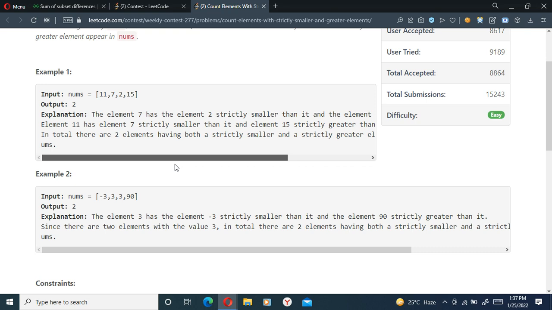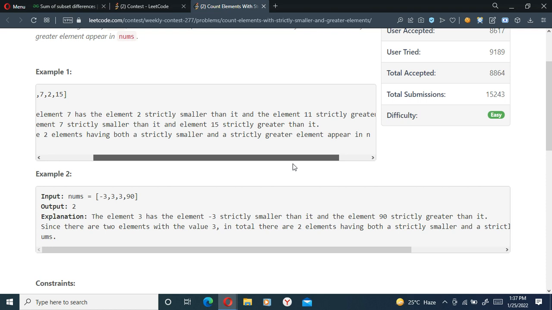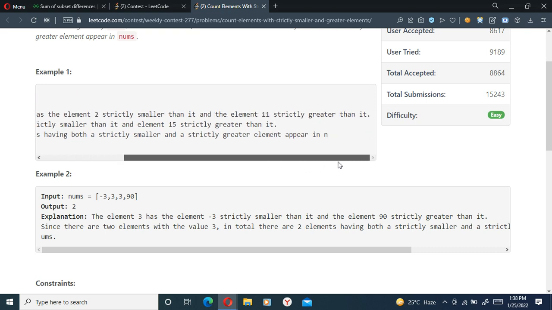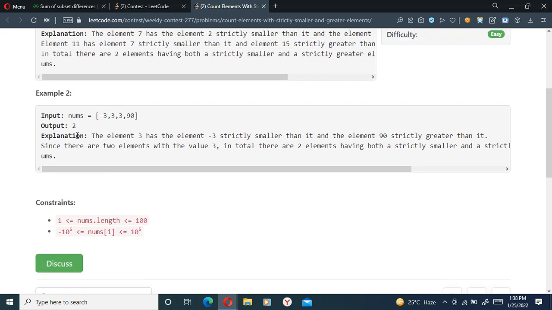Element 11 has 7 strictly smaller than it and 15 strictly greater than it. In total there are two elements having both a strictly smaller and a strictly greater element. The element 3 has minus 3 smaller and 90 greater. Since there are two elements with the value 3, in total there are two elements.